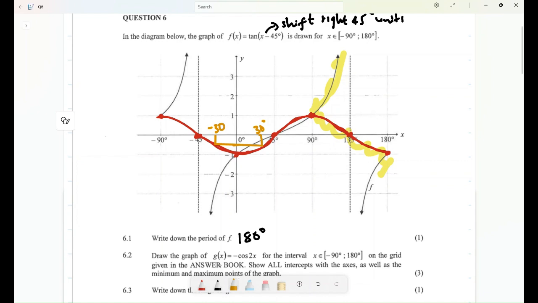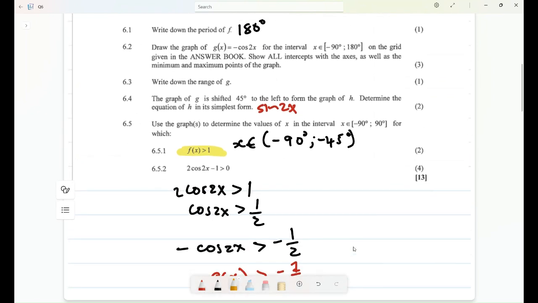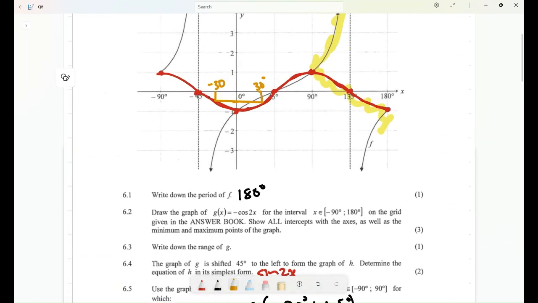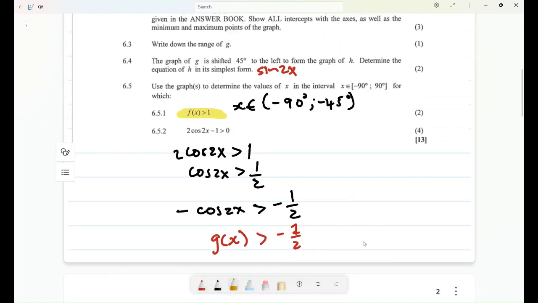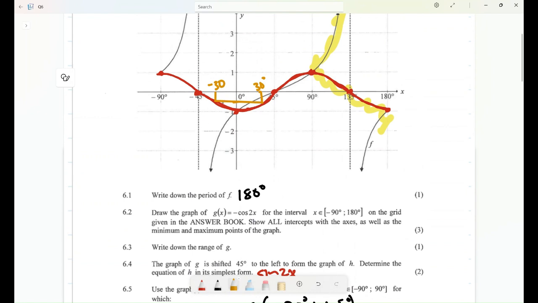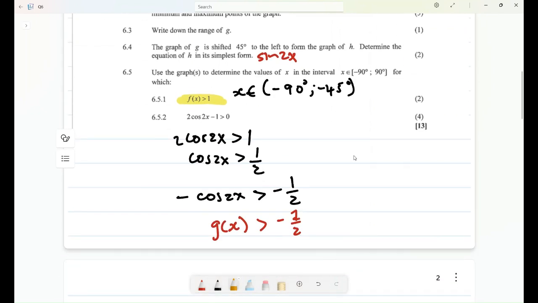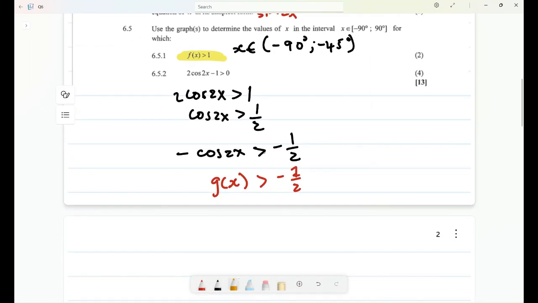So where is it greater than negative half? Here's negative half, so it's going to be greater going upwards. Oh, sorry, I have to change this sign, because I divided by negative.